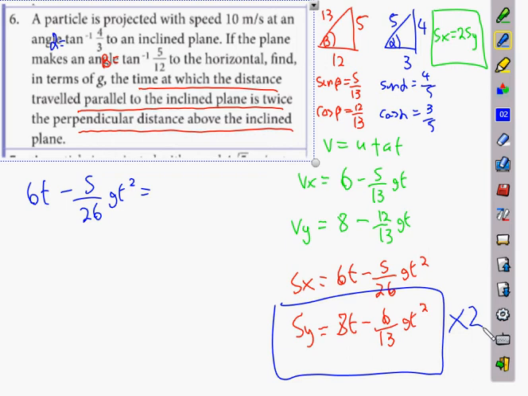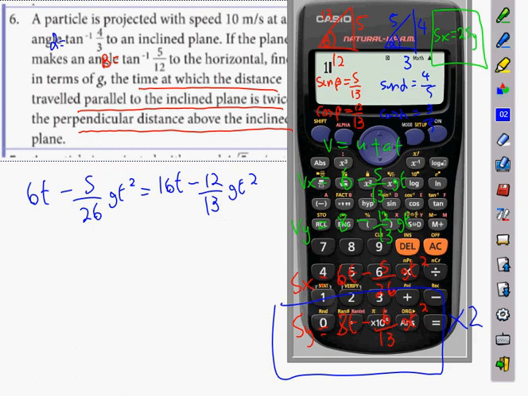Alright, and what are we going to get? 16t minus 12 over 13 gt squared. Going to move everything over one side. So I'm just going to be really cheap about this. I'm just going to get 12 over 13, and I'm going to take away 5 over 26. Whatever that comes to.